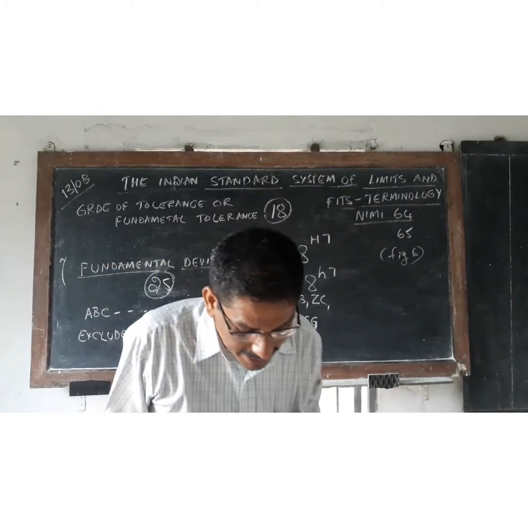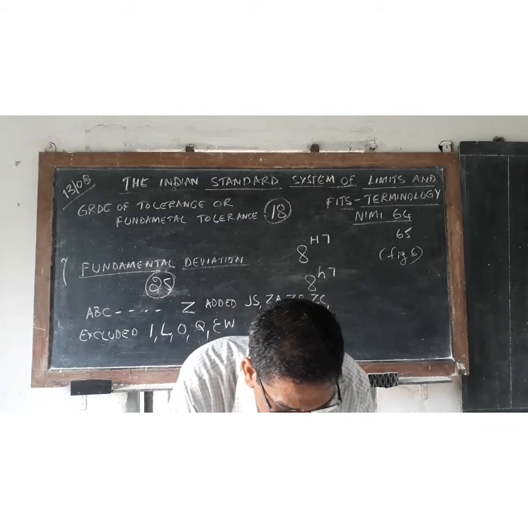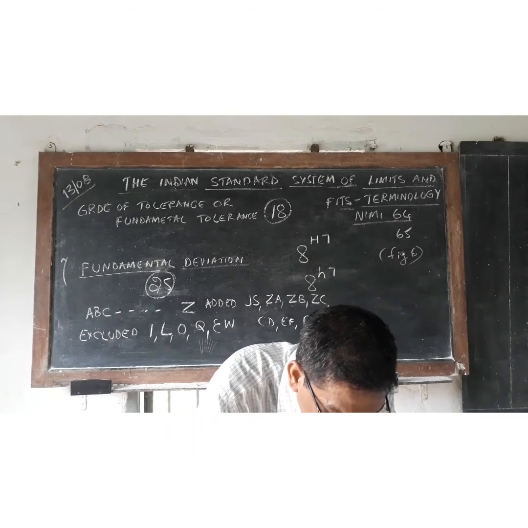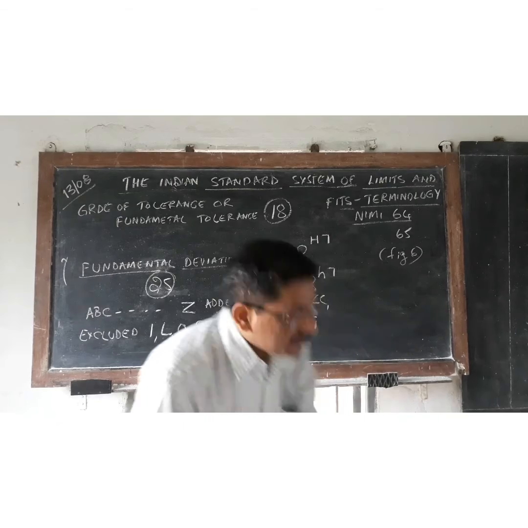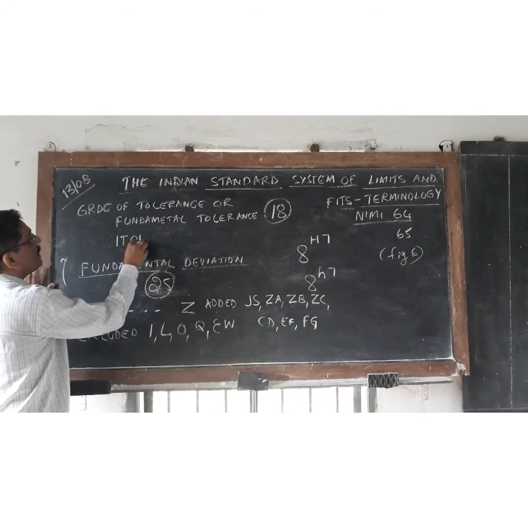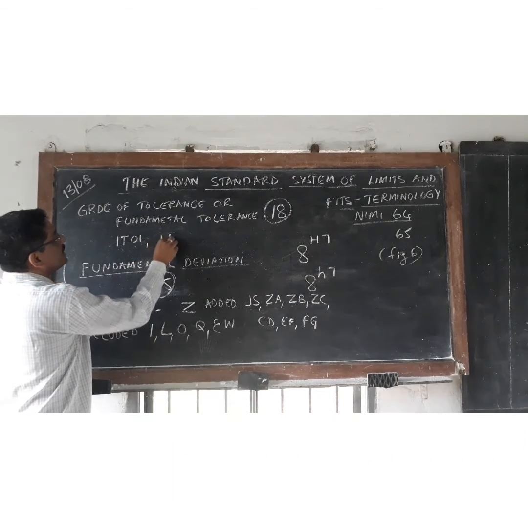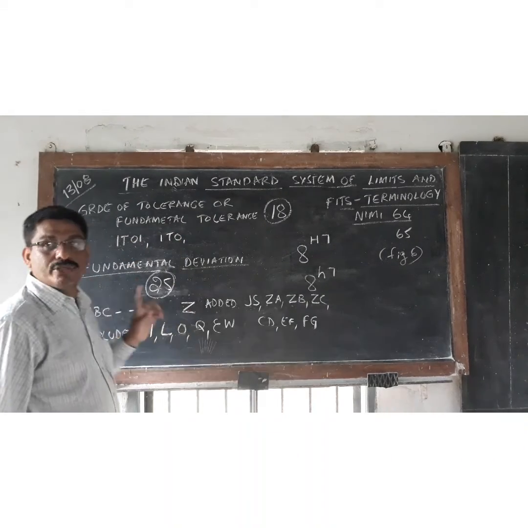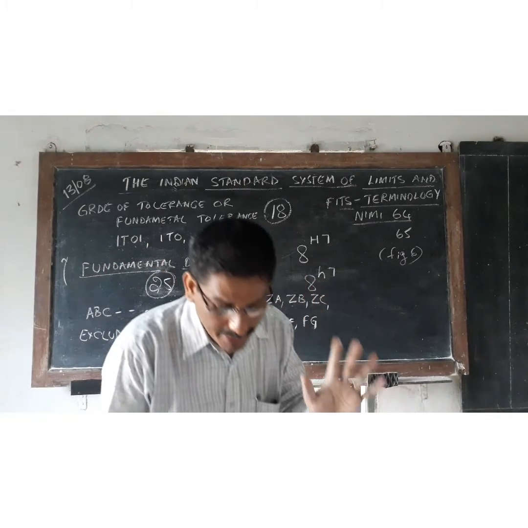Okay, these 18 grades of tolerance will actually start from IT01, comma, IT0. Okay, IT01. These are very important, keep them in mind.